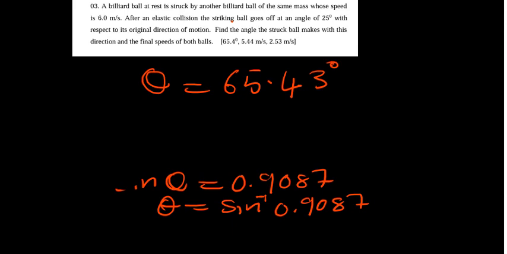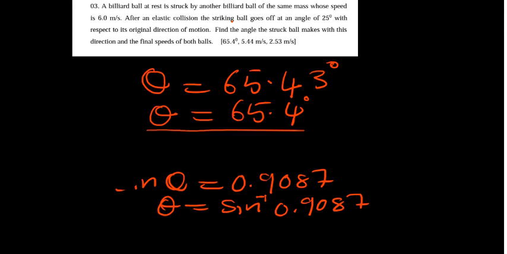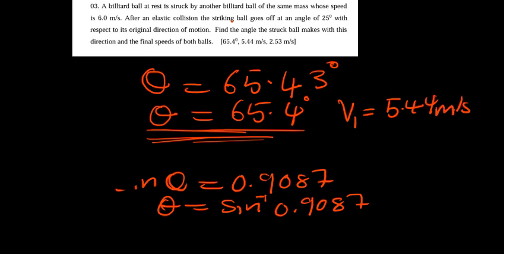Since our answer was presented in 3 significant figures, our angle is going to be 65.4 degrees. So this is our final angle, and our final velocity for ball 1 we found was 5.44 meters per second. For the second ball, it was 2.53 meters per second.